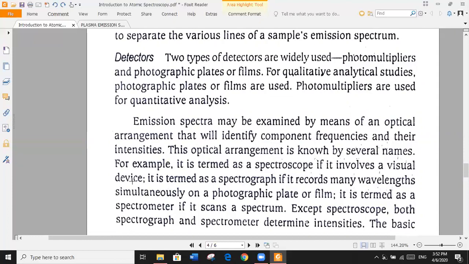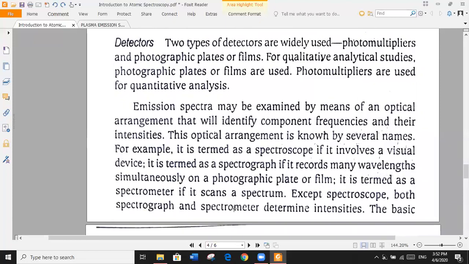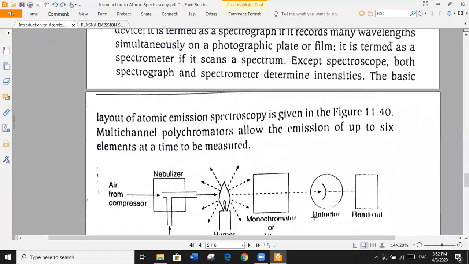It is termed a spectrograph if it records many wavelengths simultaneously on a photographic plate or film. It is termed a spectrometer if it scans the spectrum. Except for the spectroscope, both spectrograph and spectrometer determine intensities also.